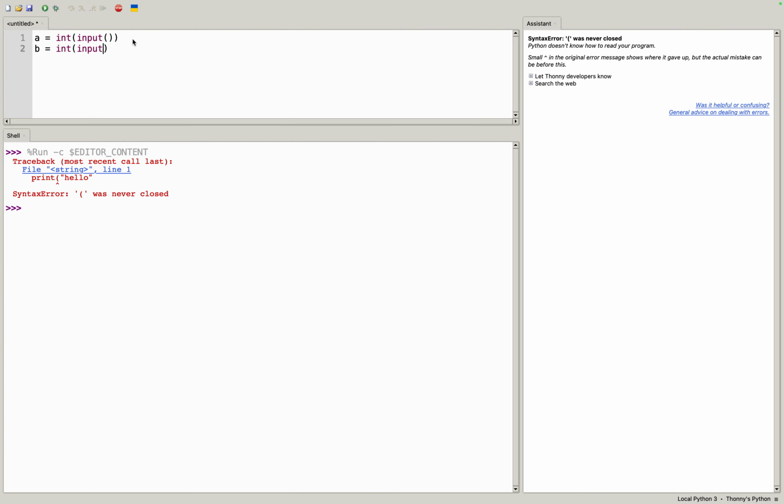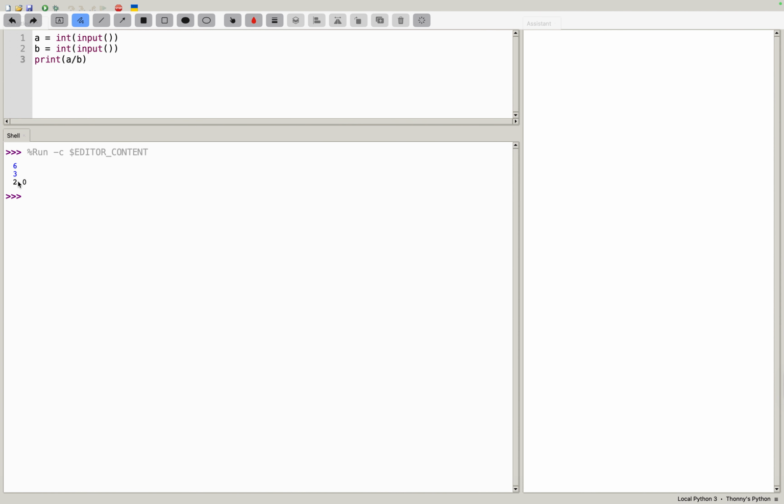Then I do print A divided by B. Now I'll show you how a runtime error happens. I enter the first value, which is 6. I enter the second value, which is 3. No error, it will print 2. See, absolutely fine.